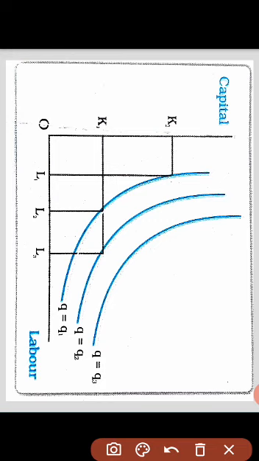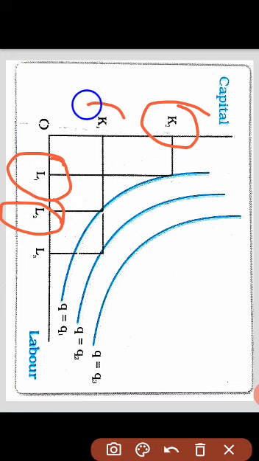Two input combinations, L1 and K2, and L2 and K1, are both on isoquant 1. Just as with the indifference curve, the first isoquant curve gives the same level of output, which we call Q1.